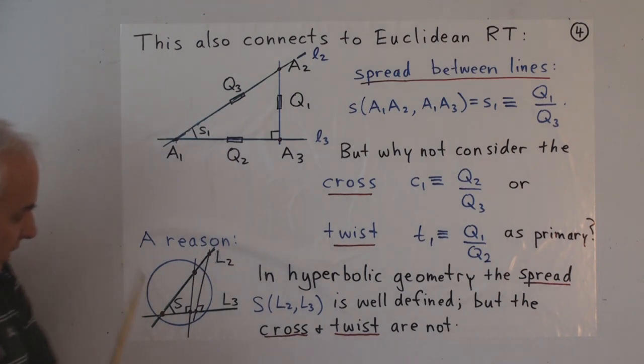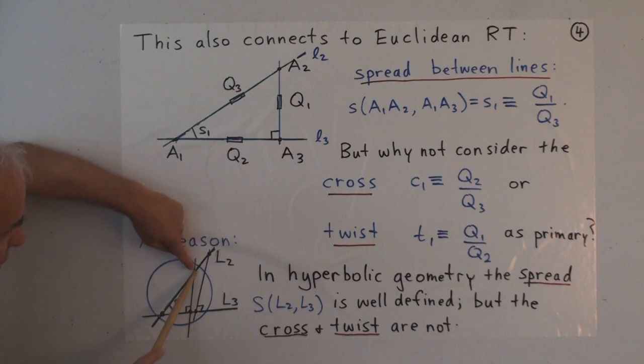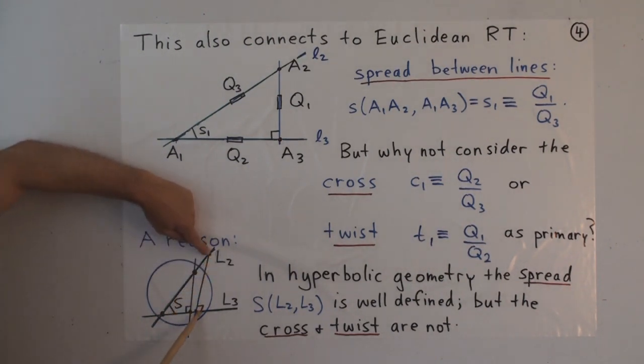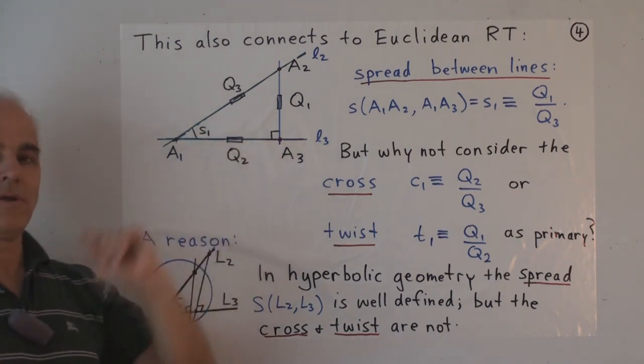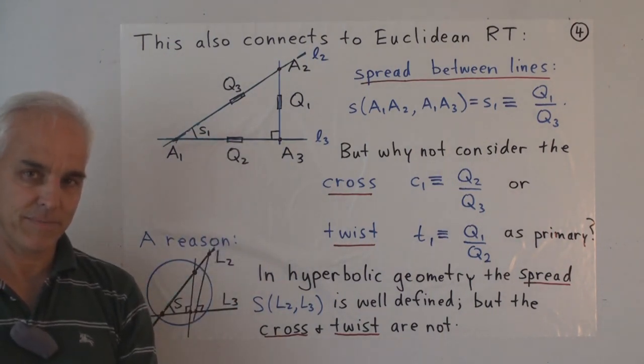The spread that we've defined, as we've seen as a result of Thales' theorem, is the opposite quadrants divided by the hypotenuse quadrants. And that's now well defined. It doesn't matter which point we choose on this line and drop a perpendicular. We can choose any point on this line, drop a perpendicular, and then take opposite over hypotenuse. We'll always get the same number, just like we do in the Euclidean case.